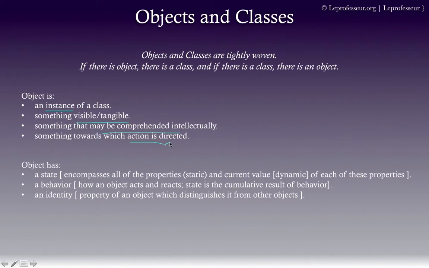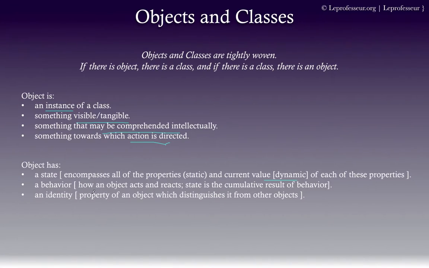Also, an object has a state, and state is nothing but the static properties and the current or default values of the properties an object may have. So it has all the properties and the current values for the dynamic properties, and that becomes a state.